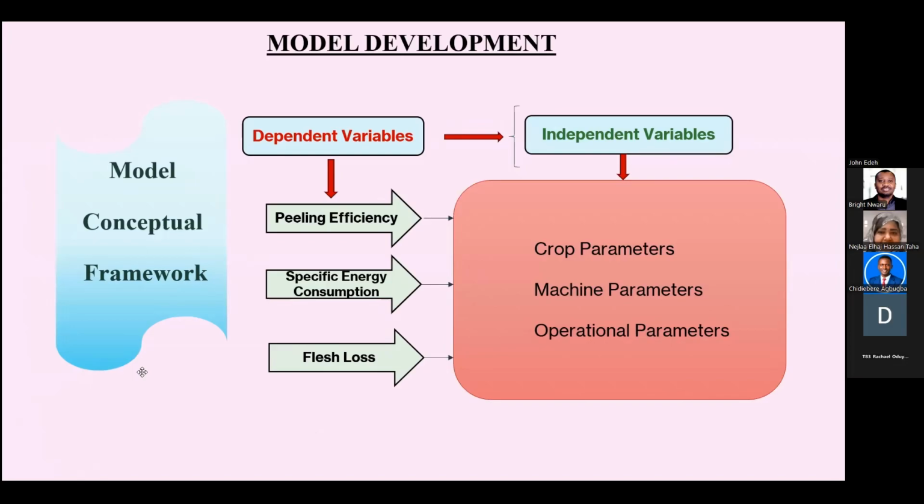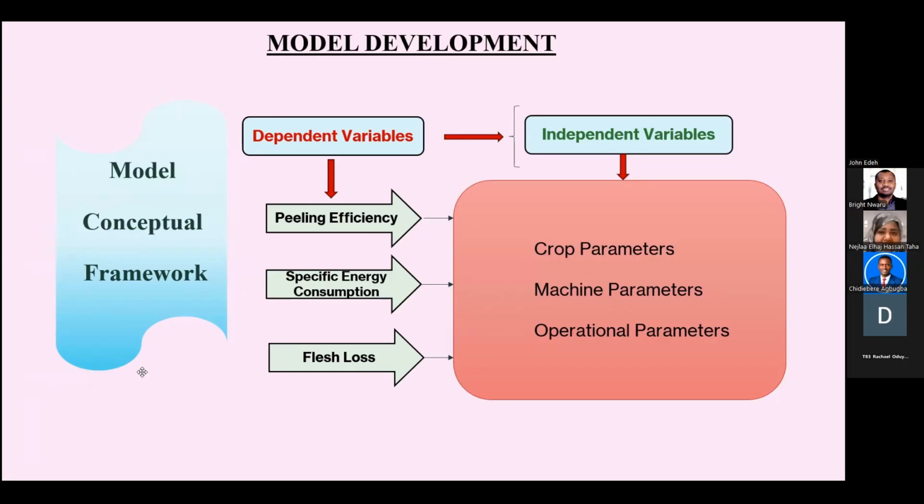The challenge is that it is data-based. It actually characterizes a particular machine. When you develop a machine, the data you got from that machine is what you are going to use to develop that empirical model, and it is peculiar to that particular machine. So it cannot work for any other machine of higher or different capacity.